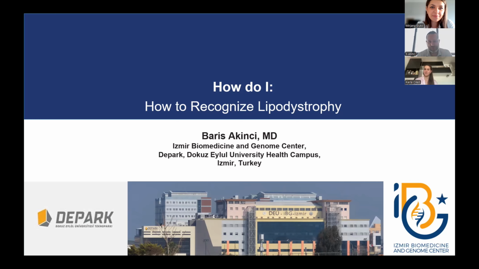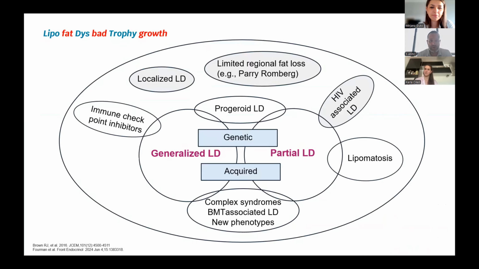Sure. So lipodystrophy is a rare disorder, and sometimes it can be a bit confusing for the clinicians to recognize the rare forms of lipodystrophy that we are dealing with, because there are also other forms. So in this figure, I will try to explain this a bit better.